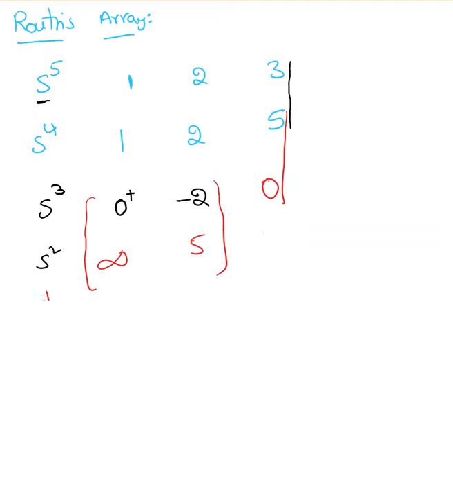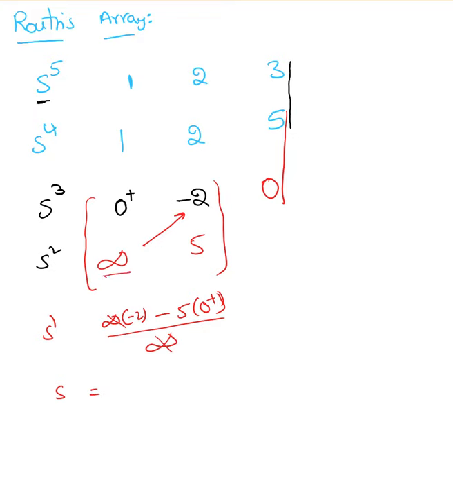Now s to the power of 1 equals these two multiplied: infinite times minus 2, minus 5 times 0 plus, divided by infinite. 5 times 0 plus is a very small number, I can consider that as 0. If I consider this as 0, what happens? The infinite gets cancelled, and we'll end up with minus 2.